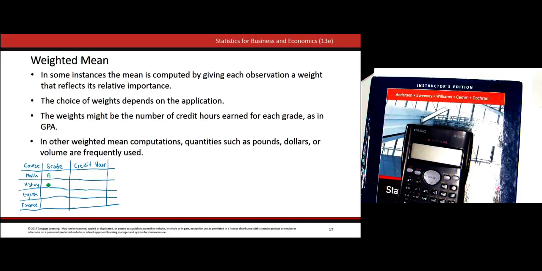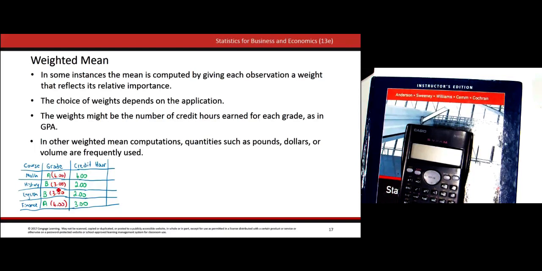Such as A, history B, English B, A. So this is 4 credit hours, history 2, 3 credit hours. So A means 4, B 3. Now how can we calculate the GPA in this case?